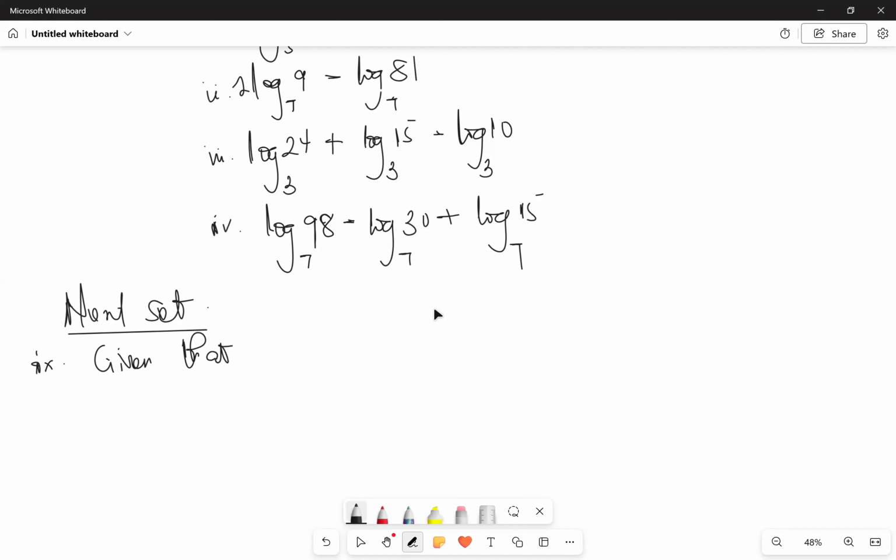given that the log of 2 base 10 is equal to 0.3010, and the log of 3 base 10 is equal to 0.4770.